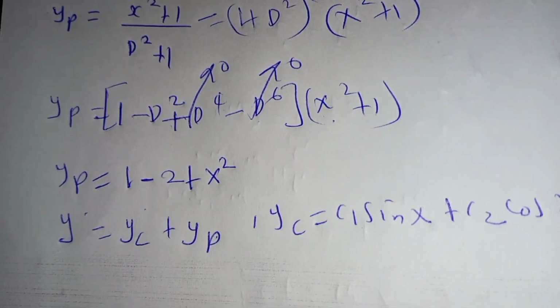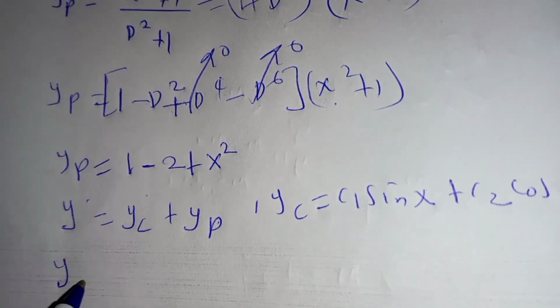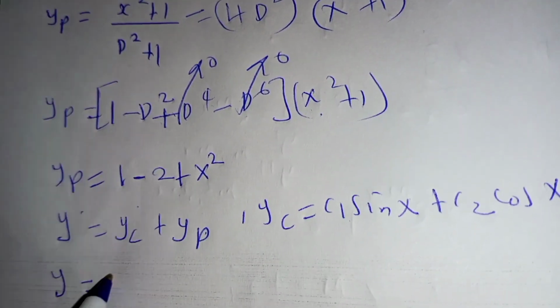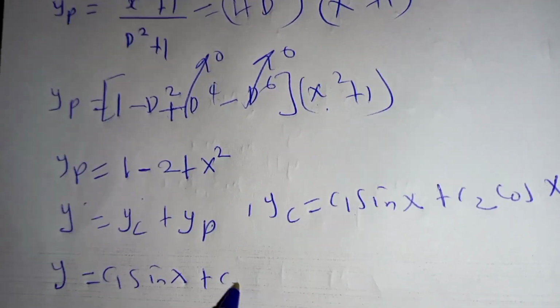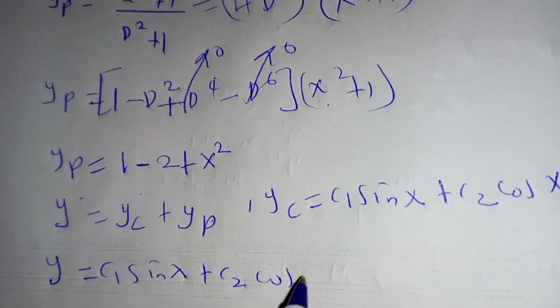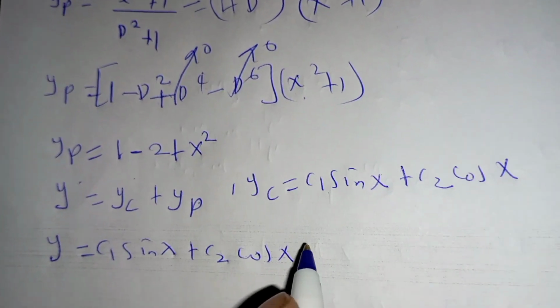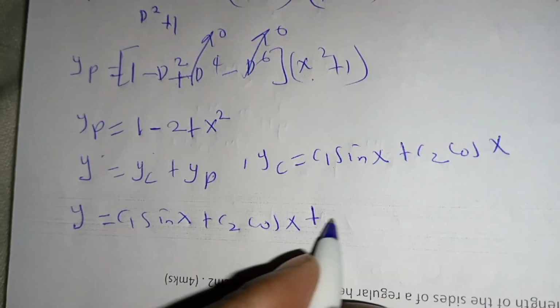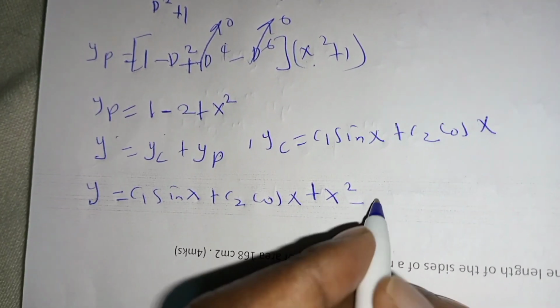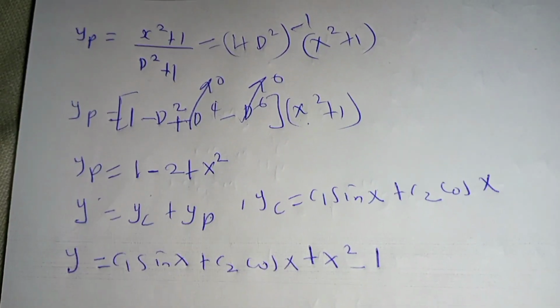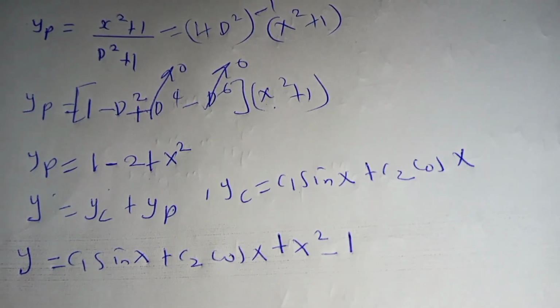So we combine these two so that now we get our y as equal to c1 sine of x plus c2 cos of x plus x squared minus 1. That is the solution of our given ODE.